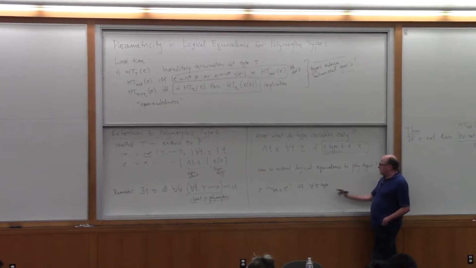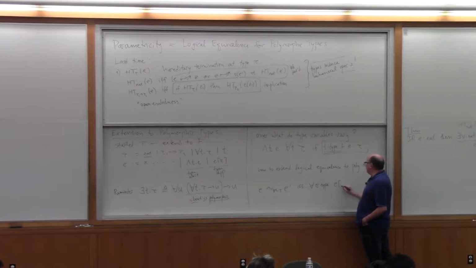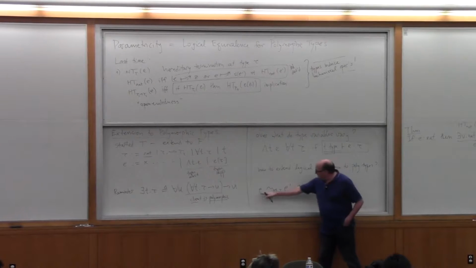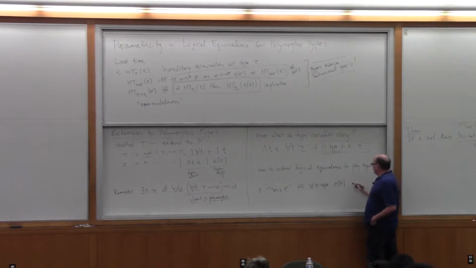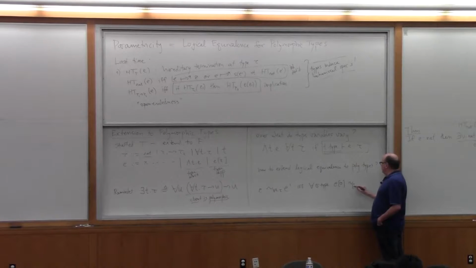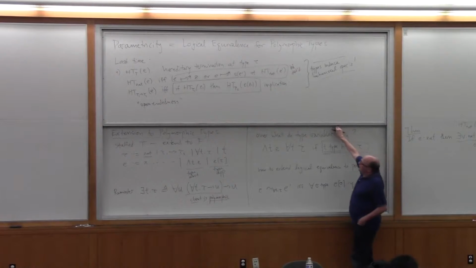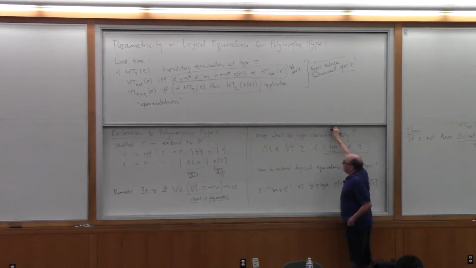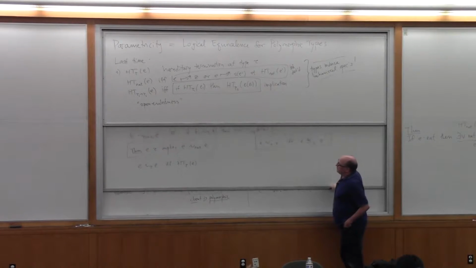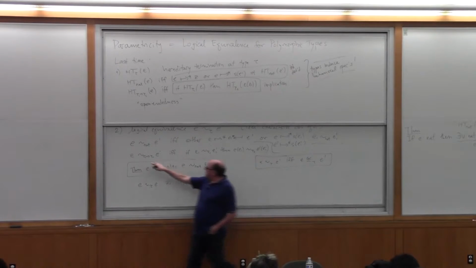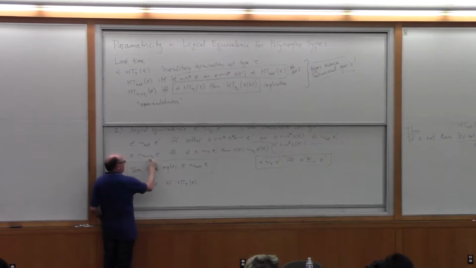So for any type sigma, I would expect E applied to sigma, because you see E and E prime are polymorphic, should be related at what type? Sigma for t tau to E prime of tau. This is exactly what you would think, because you see it follows the pattern, which is inconveniently obscured here. For functions, it's some kind of a function. It takes an argument, gives a result.